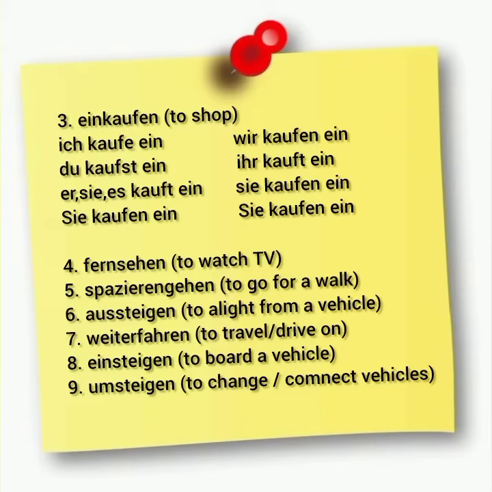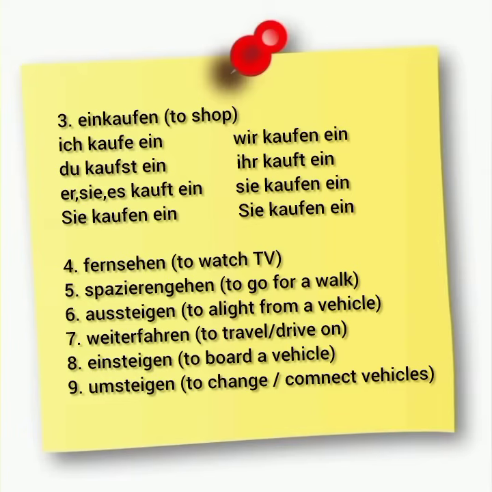Some other examples are aussteigen. The prefix is aus. To alight from a vehicle. And then I have weiterfahren. Mostly when pronouncing these separable verbs, the prefix is normally emphasized. You'll notice the prefix can either be a preposition or a noun or another verb.